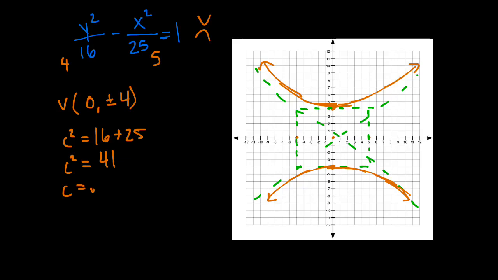So c is the square root of 41, which is just more than 6. So our foci are at 0, plus or minus square root of 41, but that's going to be 6 point something. So we will plot our foci just past positive and negative 6.